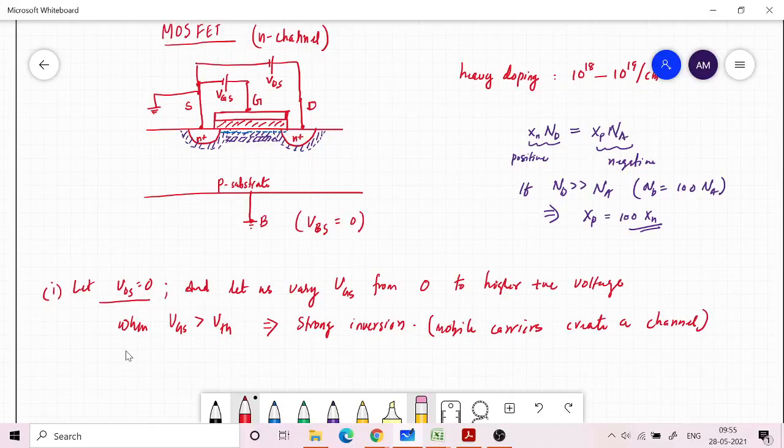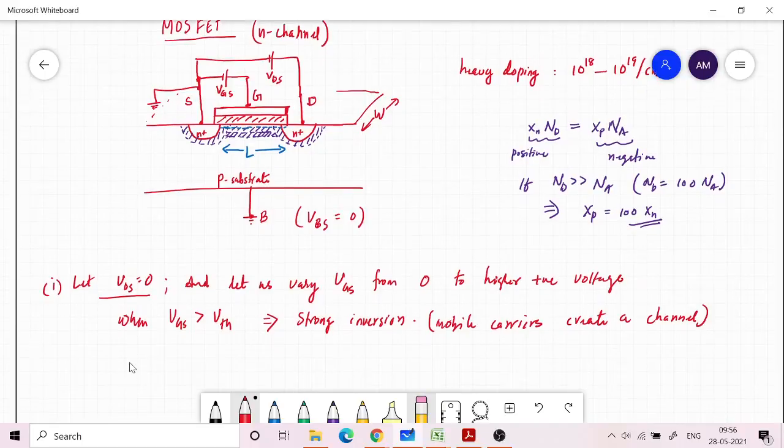The length of the channel is usually denoted by L. Now the MOSFET is also a 3D structure, so there is a width as well. The width is into the drawing, perpendicular to the cross section that I have shown here.